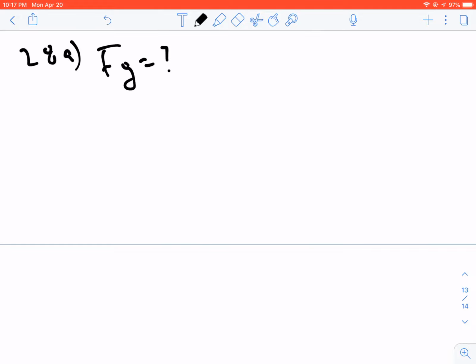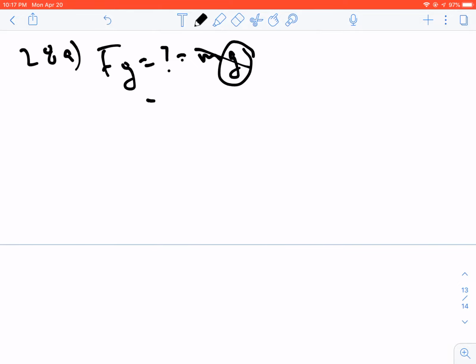And I know I can't just use mg because little g is going to change. As I get so far from the surface of the planet, little g is not going to be 9.8, so I can't use this formula here. I have to go to the universal formula, which always works.